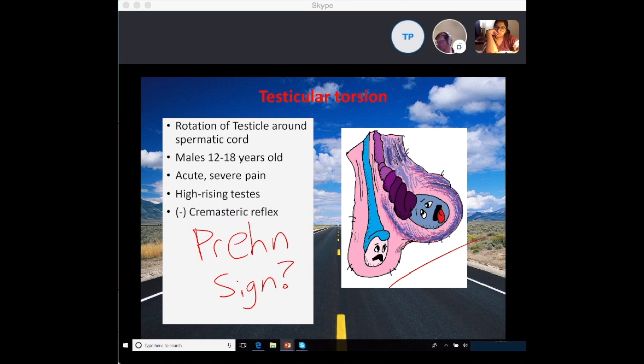Prehn's sign is that elevation of the testes relieves the pain, and that is positive in epididymitis, but not in testicular torsion. So in testicular torsion, your cremasteric reflex is negative, and you are Prehn's sign negative. So, no relief of pain during performing the test. Correct. But in epididymitis, it does relieve pain.